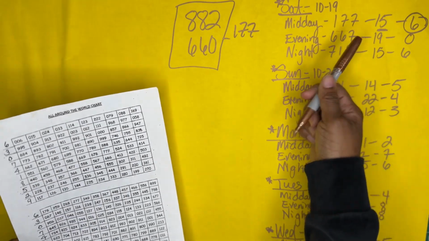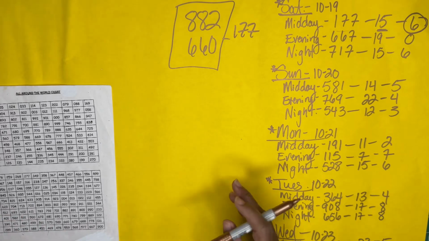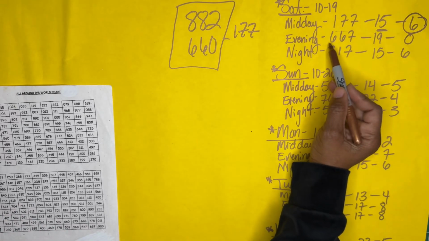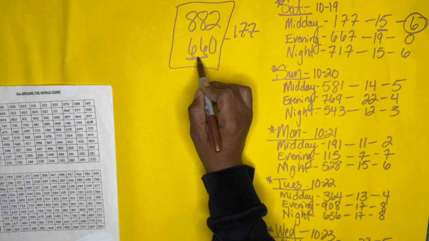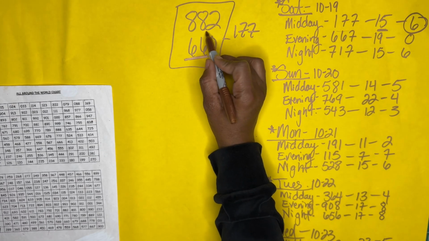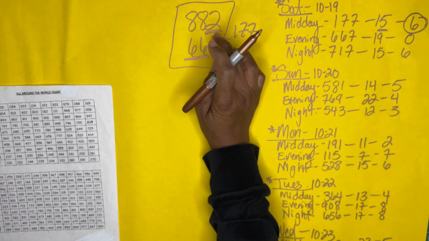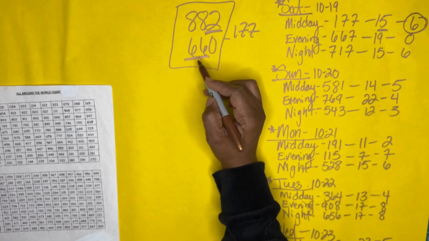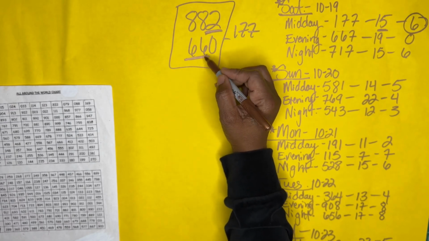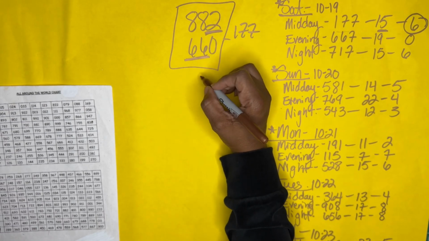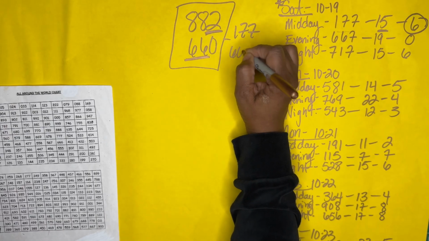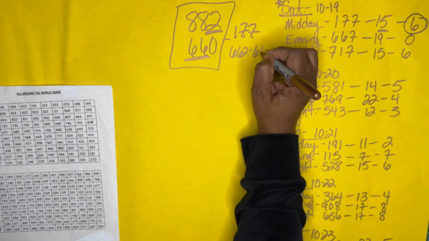Now I'll go to the next. The next number was 667. So you have your 6, 6, and sometimes they'll do the flip number or the other side of the number. I call them vice versa numbers. I would have written 662 and 667.